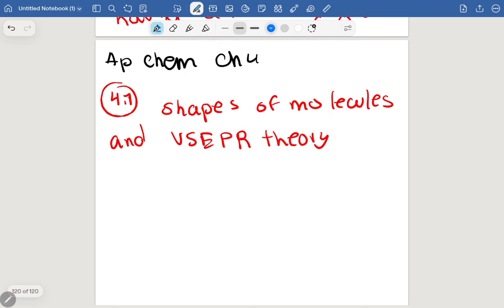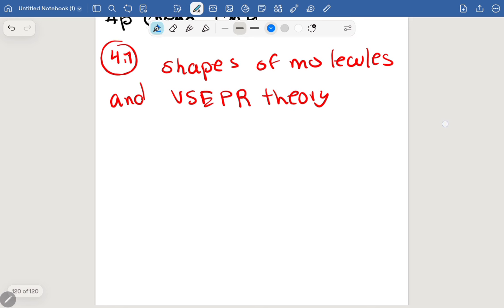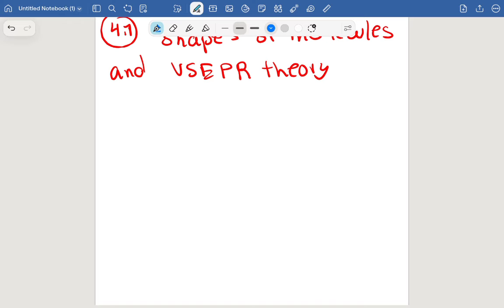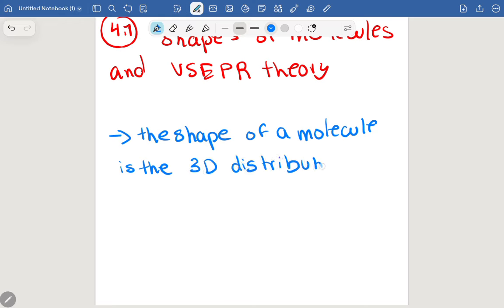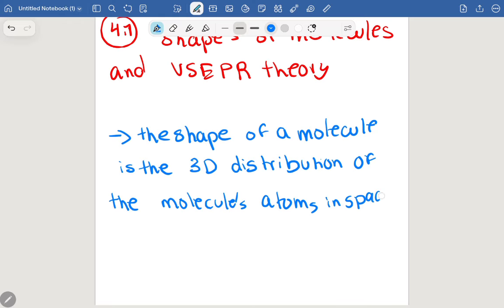So they start off the chapter or the section by talking about the shape of a molecule. The shape of a molecule is the three-dimensional distribution of the molecule's atoms in space. So we say the shape of a molecule, not without the S, is the three-dimensional (3D) distribution of the molecule's atoms in space.